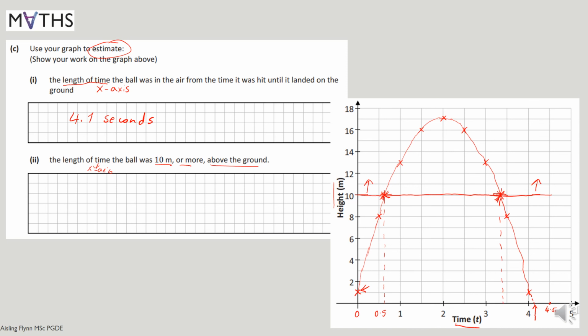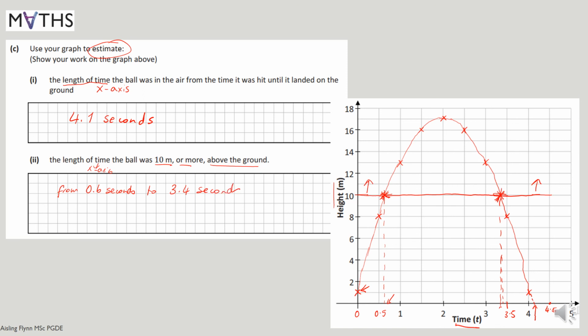I'm guessing this point here, it's a little bit more than 0.5. I'm going to say from 0.6 seconds to, and then the other side, maybe my line's a little bit crooked there, here in the middle is 3.5, I'm going to say 3.4.